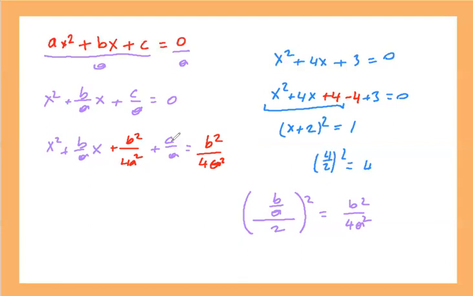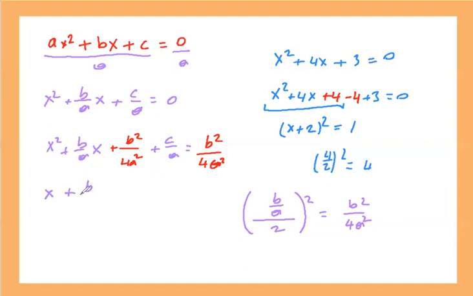So then I may subtract c over a from both sides, and then I can rewrite these 3 terms. Again, this is a perfect square because if you take the square root of x squared, that will be just x. And then the square root of this was b over 2a, because that's how we got it, that b squared over 4a squared, when you take the square of this fraction, which was b over 2a.